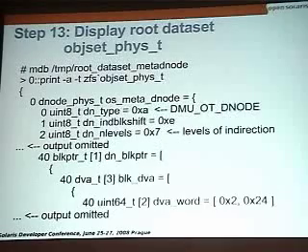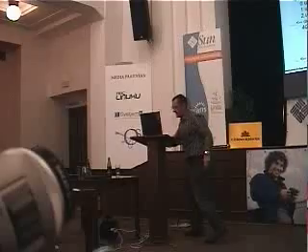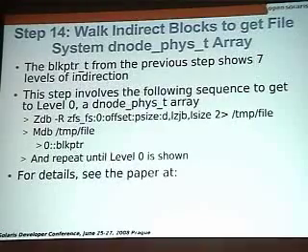Basically, the idea is you start with the block pointer here, and you dump out the block pointer, and then you keep dumping out block pointers and following the indirection. Here's a little description. The block pointer shows 7 levels.